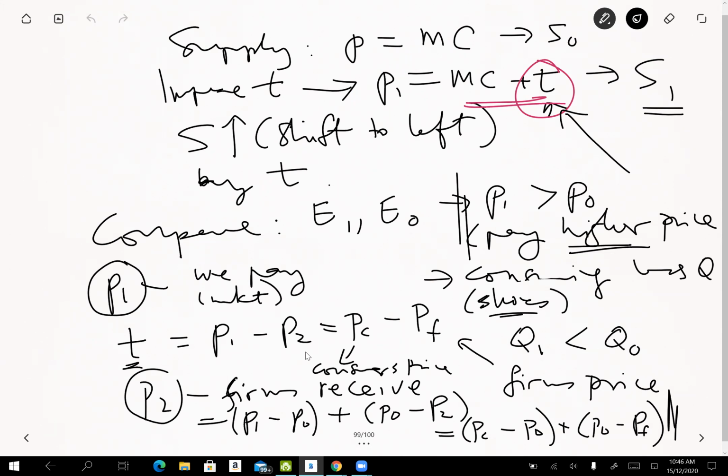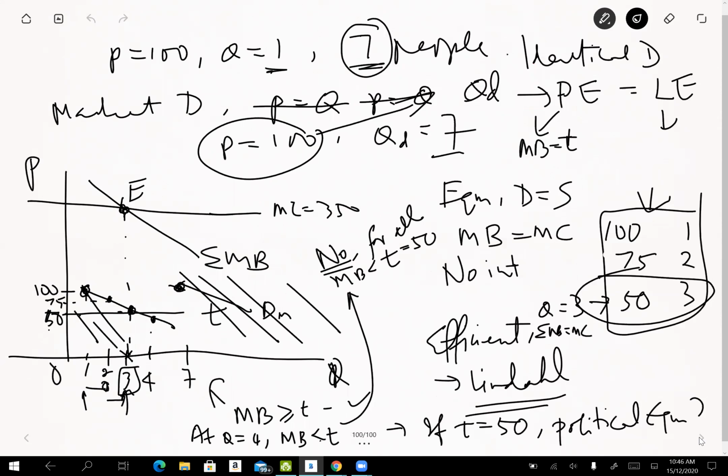Taking P0, the market equilibrium price before the tax, we can break out the tax, P1 minus P2, as P1 minus P0 plus P0 minus P2, or PC minus P0 plus P0 minus PF. So those are the components of the tax. That is where we left last class.